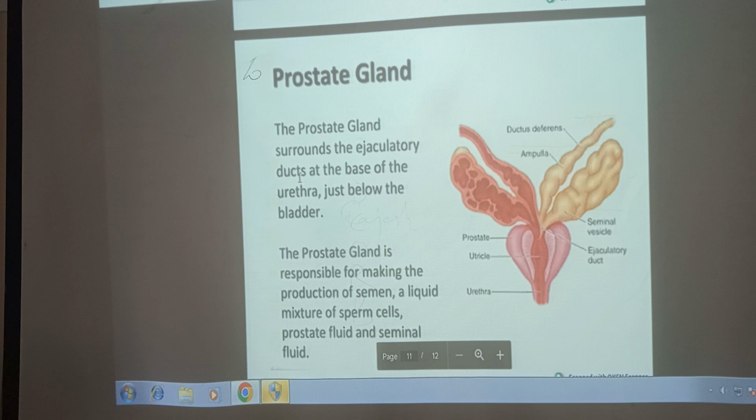The prostate gland surrounds the ejaculatory duct at the base of the urethra, just below the bladder. The prostate gland is responsible for making semen, a liquid mixture of sperm cells, prostate fluid and seminal fluid. This is the prostate gland.